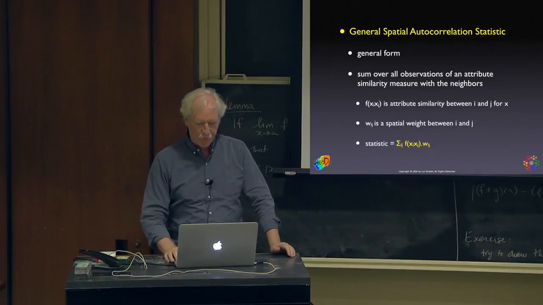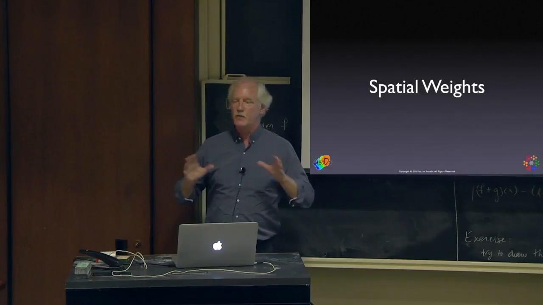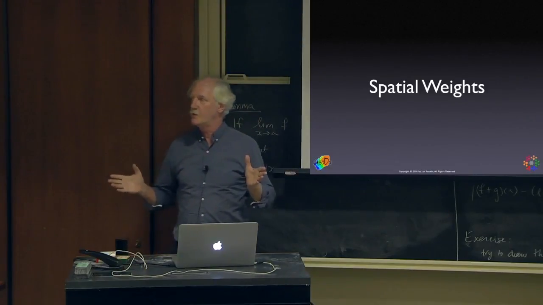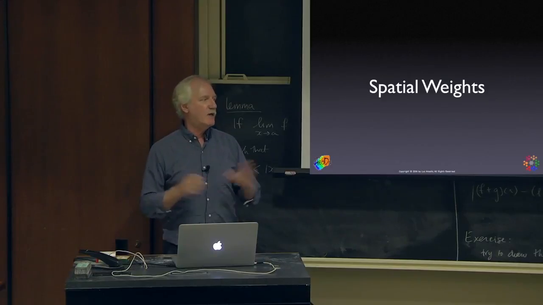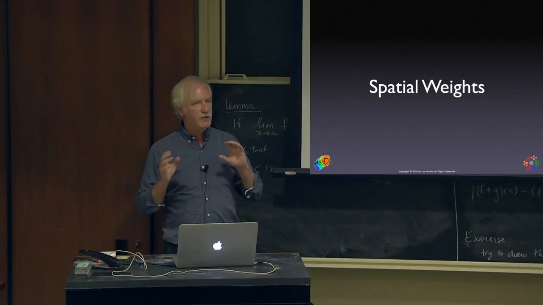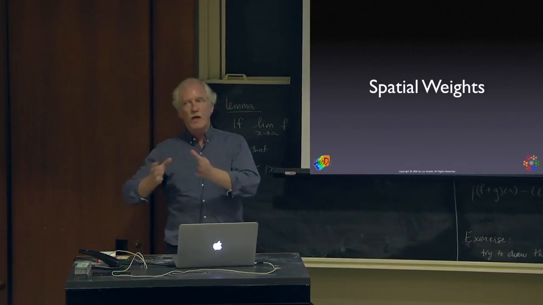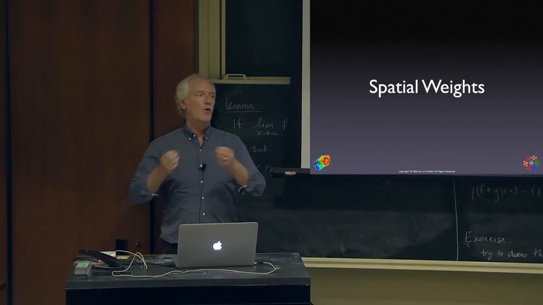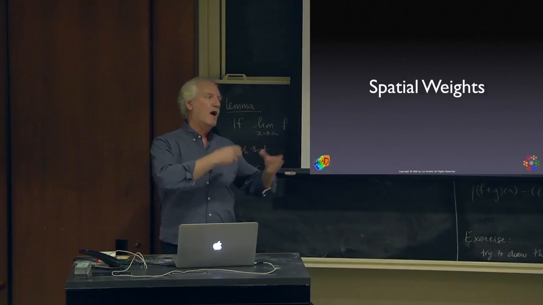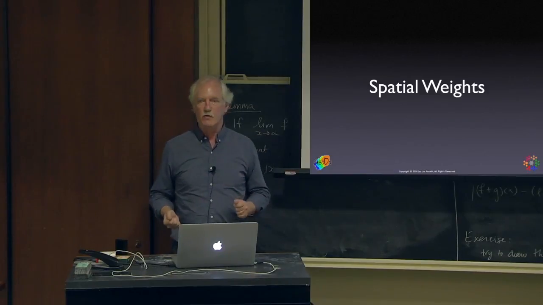Okay, so what are these spatial weights? We get the concept: the null hypothesis, the frame of reference, is spatial randomness. We don't like spatial randomness because we can't explain anything. We want to reject spatial randomness in favor of a clustering type structure, which is positive spatial autocorrelation, or in favor of a more highly variable structure, which is the checkerboard, negative spatial autocorrelation.